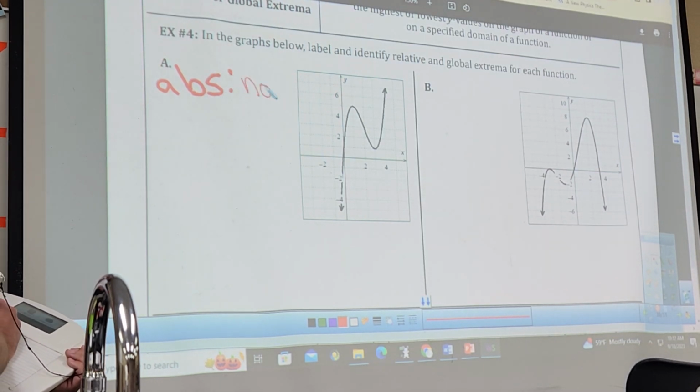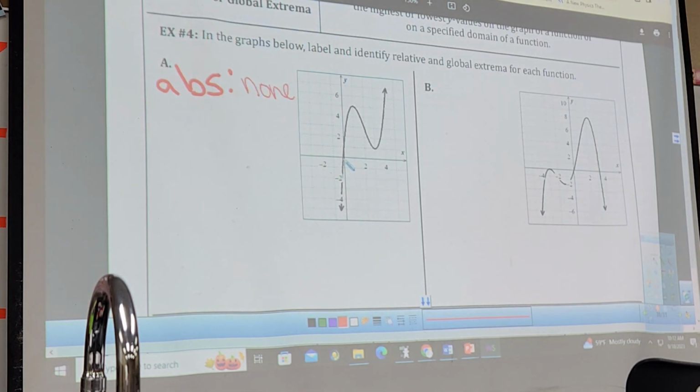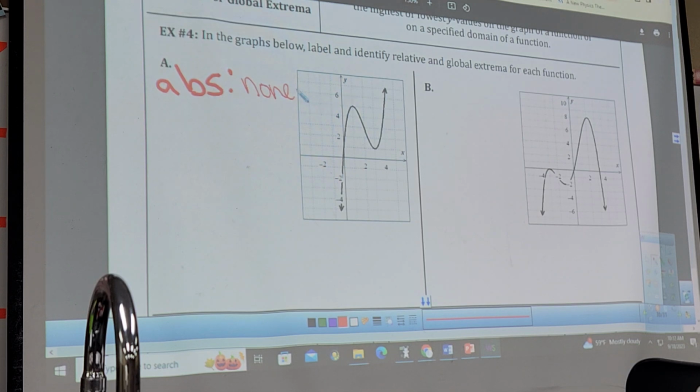There's none, right? There's no absolute max, no absolute min. But do I have relatives? I got lots of them. Do I have a relative max?